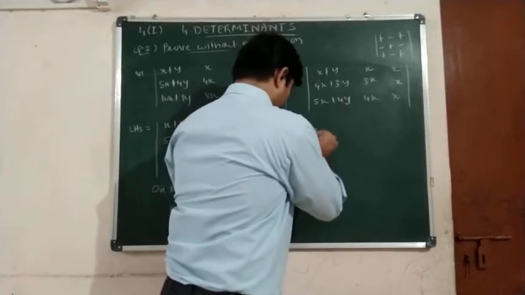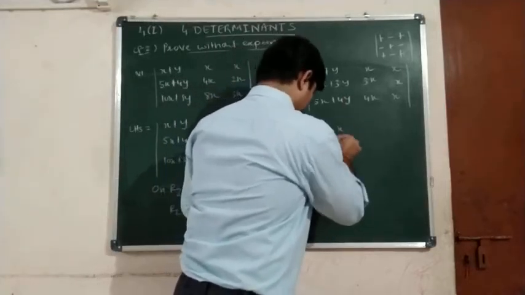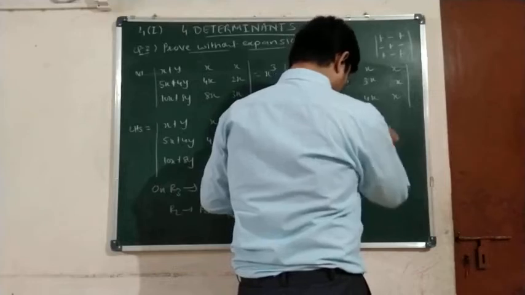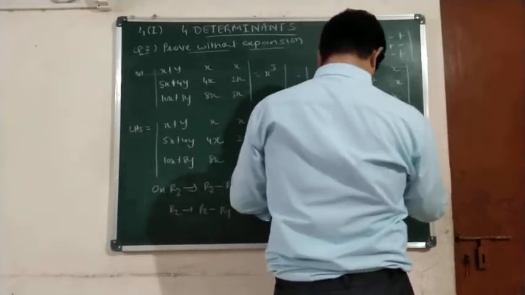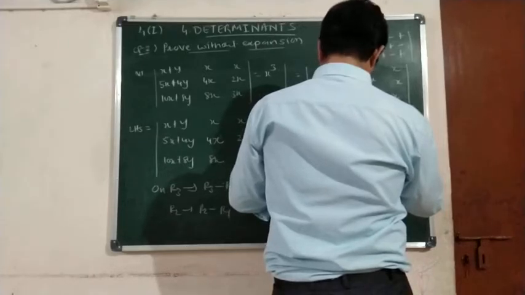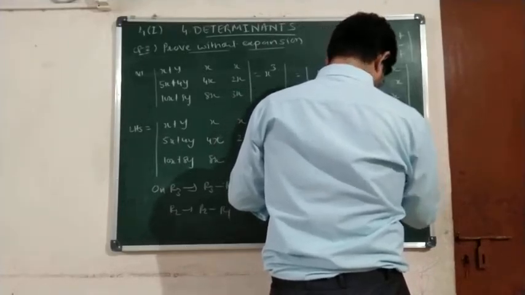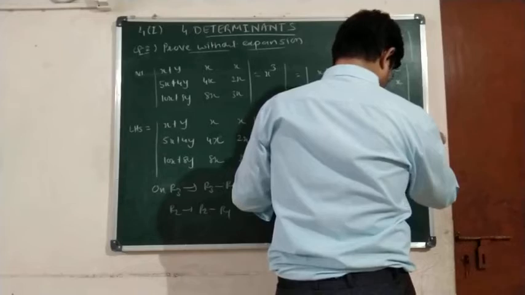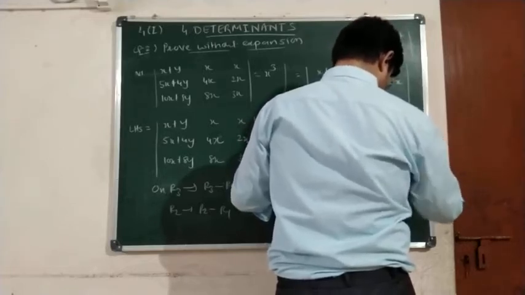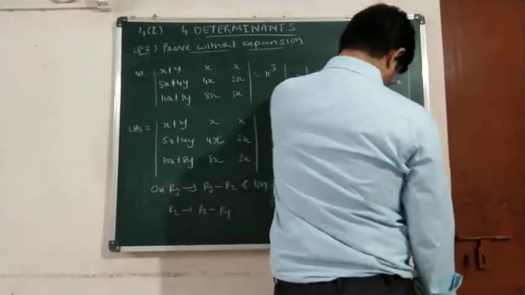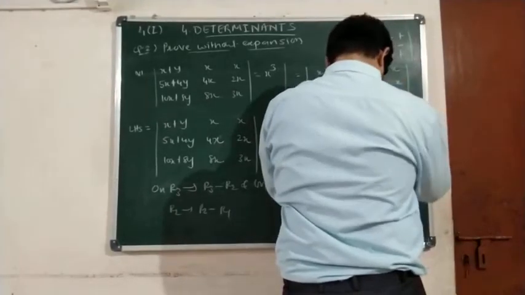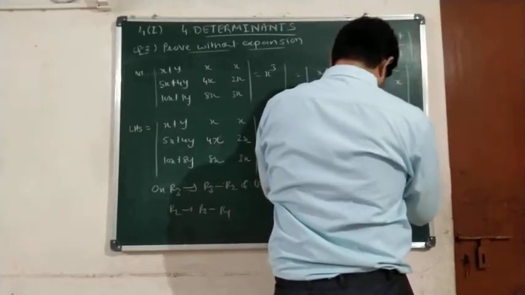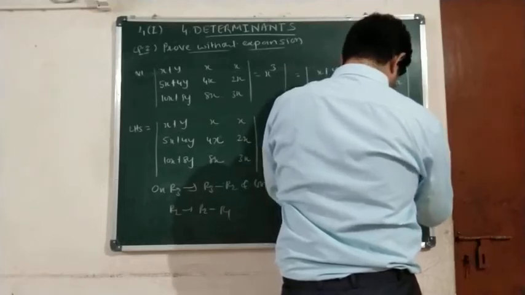So let us split them. x, 4x, 5x, x, 3x, 4x, x, plus y, 3y, 4y, x, 3x, 4x, and x.